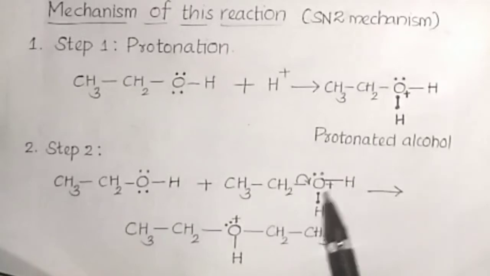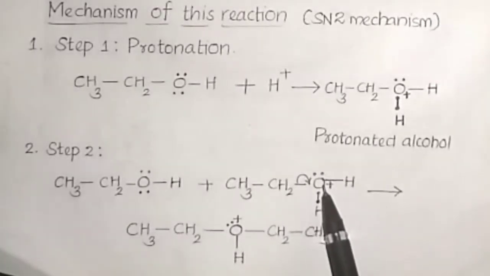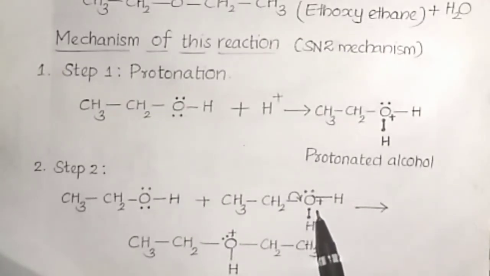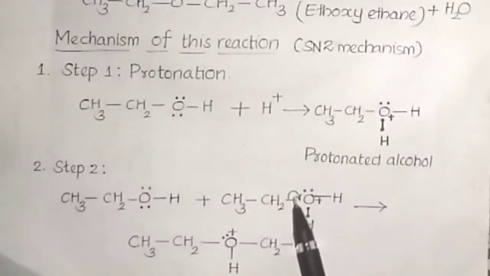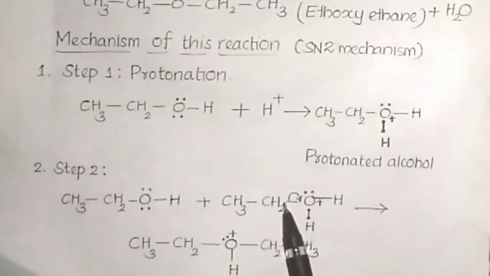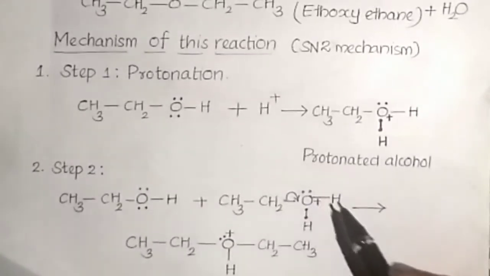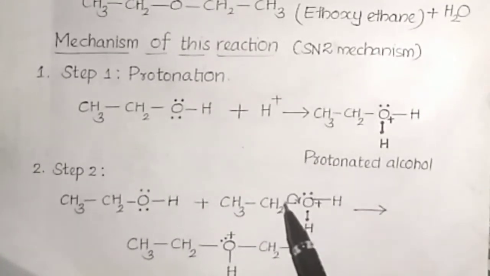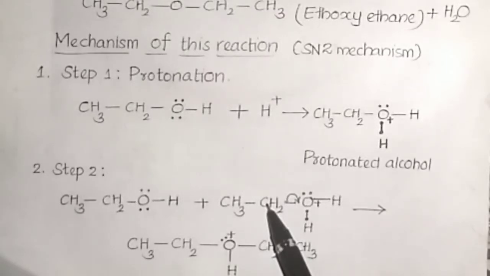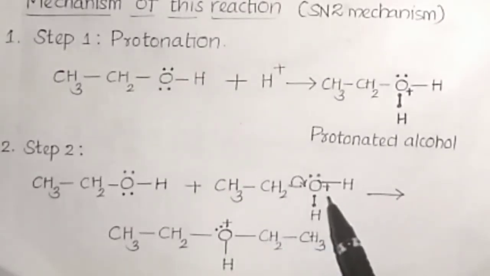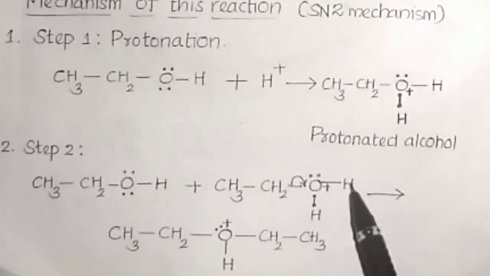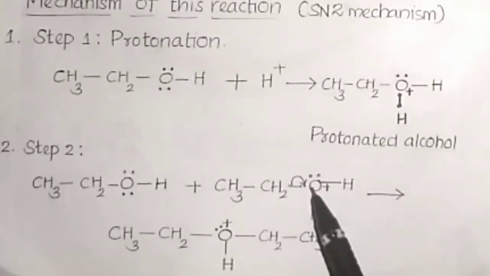Here this oxygen needs 1 pair of electrons to exist as a water molecule. So this bond pair of electrons is given to this oxygen, and the positive charge goes to this carbon. This bond pair becomes a lone pair. Then the oxygen gets 2 lone pairs of electrons and 2 hydrogen atoms, that is H2O.